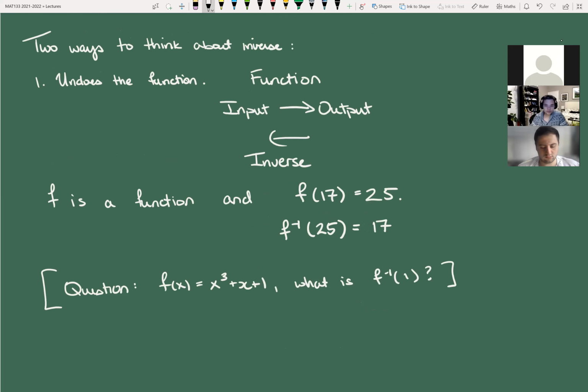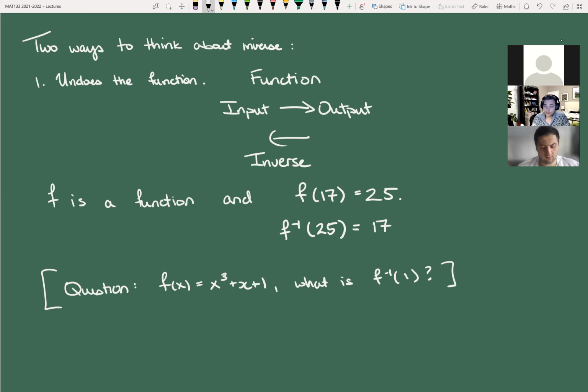Exactly, 1 is the output. So we need to figure out what number gave us 1 as the output. I'll tell you the second way of thinking about it in a second, and we'll solve it the same way.